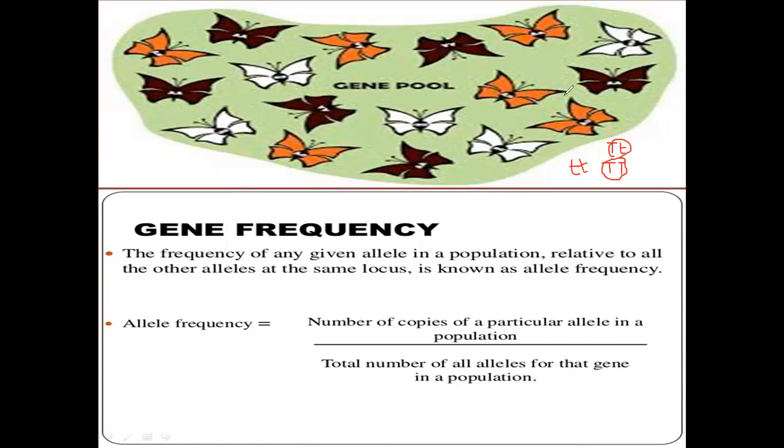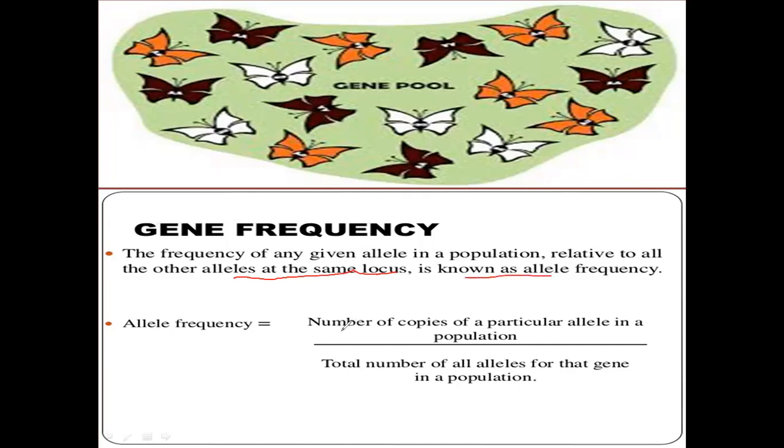So the frequency of any given allele in a population relative to all other alleles at the same locus. Same locus means at the same position. Locus means position. This is known as allele frequency.